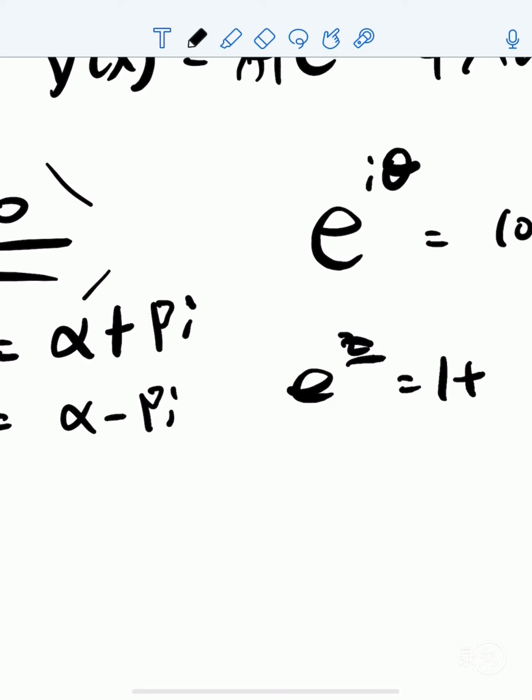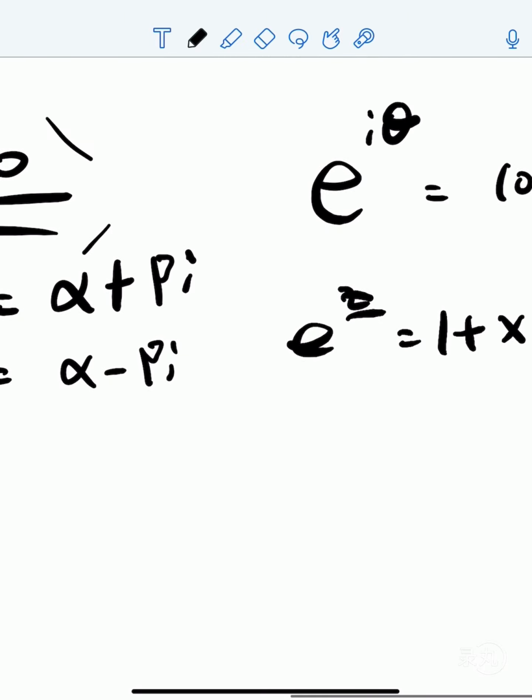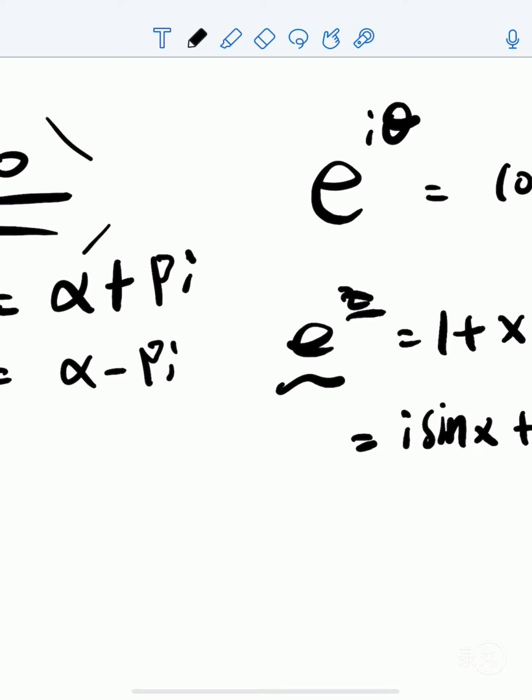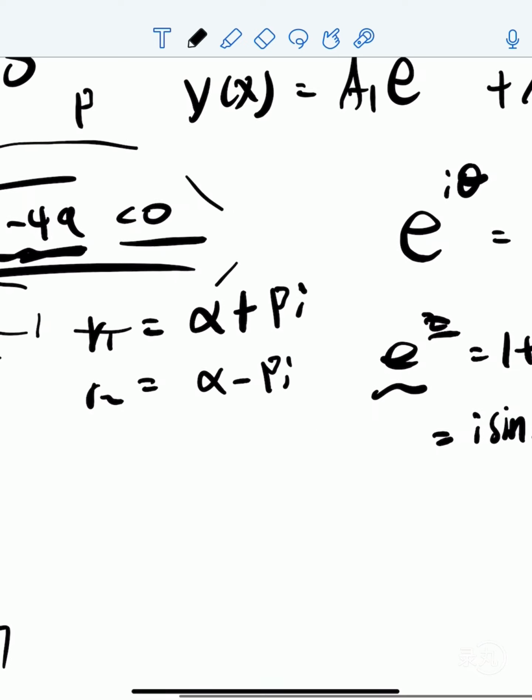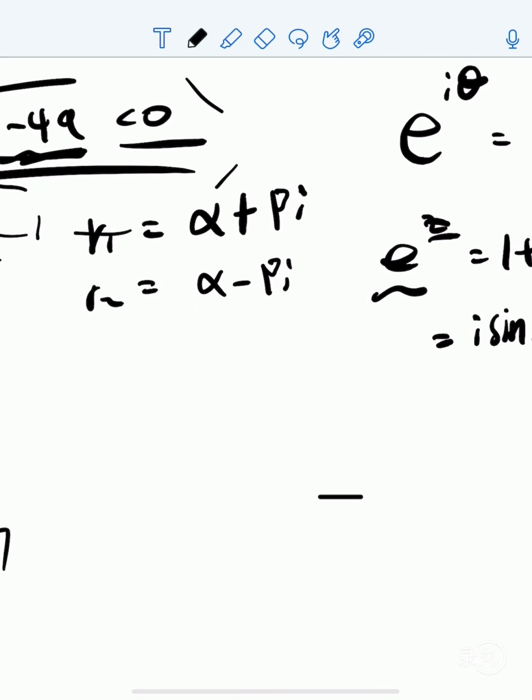It's equal to 1 plus x plus x squared divided by 2 plus x cubed, and so on. You can see that this term is equal to i times sine x plus cosine x.